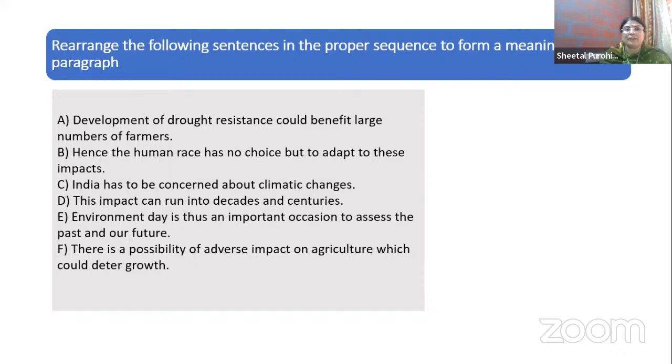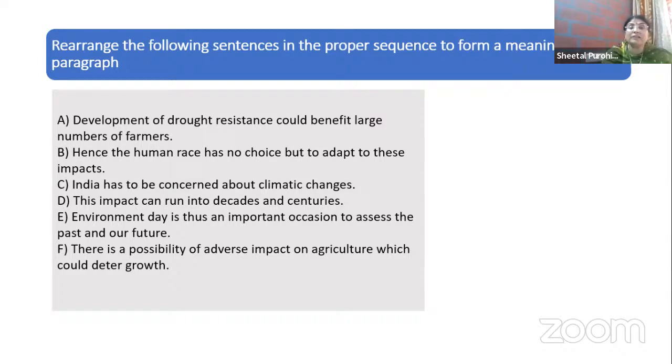The first important thing can be that India has to be concerned about the climatic changes. So why does it have to be concerned? There is a possibility of adverse impact on agriculture which could deter growth because of the climatic change, right? And then there is this impact that can run into decades and centuries. And then they say development of resistant crops could benefit a large number of farmers, right?